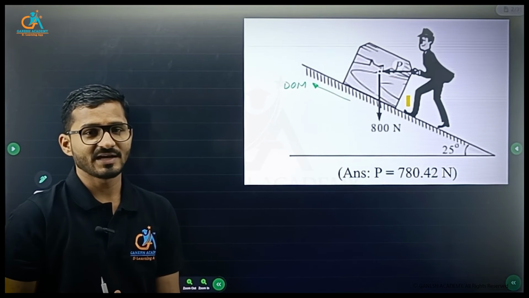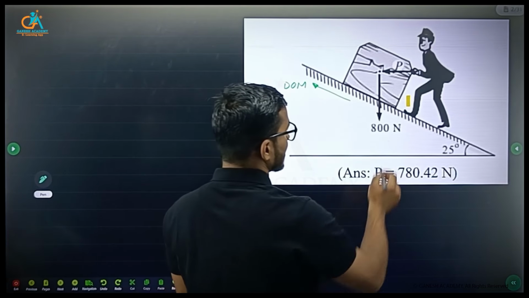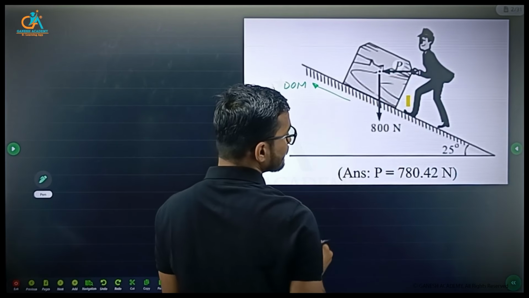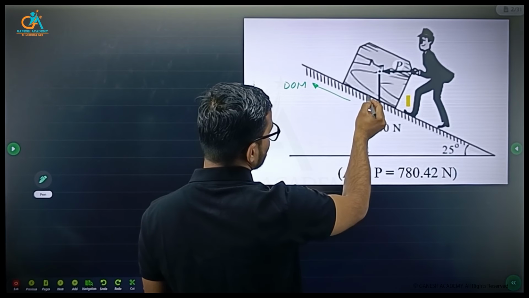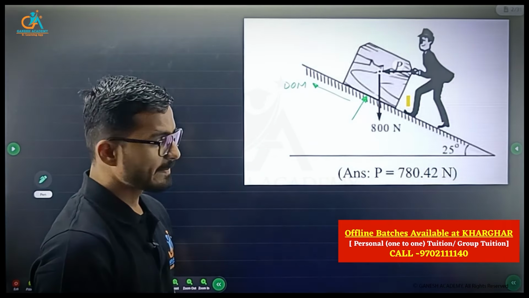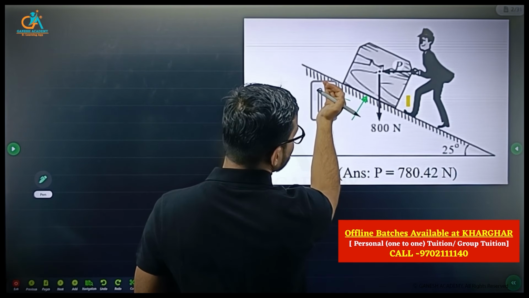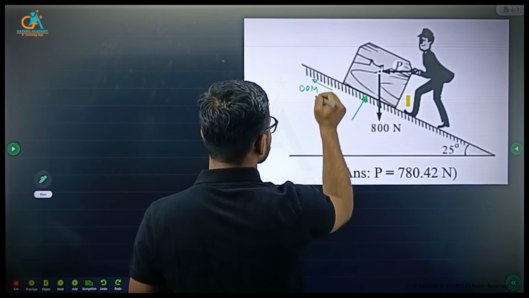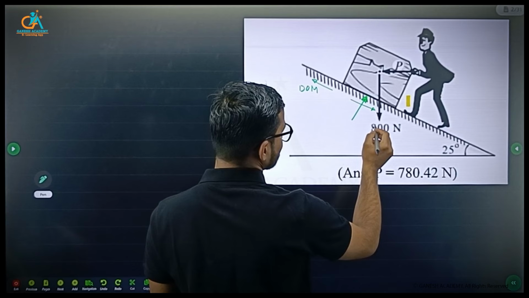फर्स्ट ऑफ ऑल हमें आइडेंटिफाई करना है व्हाट आर द फोर्सेस इन्वॉल्व्ड इन दिस पर्टिकुलर केस। तो एक है 800 न्यूटन, एक है अप्लाइड फोर्स P, and there will be reaction in the normal direction. And as this is the direction of motion, there will be force in the opposite direction.